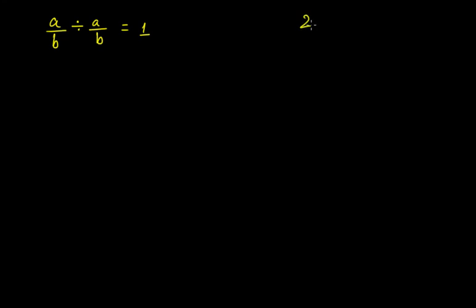Because let's say you have to divide 2 by 2, or 4 divided by 4. In all these cases you are going to get 1 only. The quotient will be 1 only. So it doesn't matter whether the number is an integer or a fractional number or a rational number. If you are dividing a number by the same number, then you'll get back 1 only. That's important. Okay.